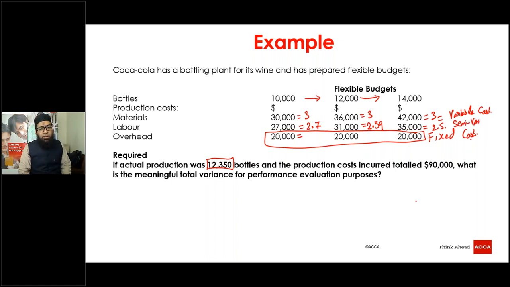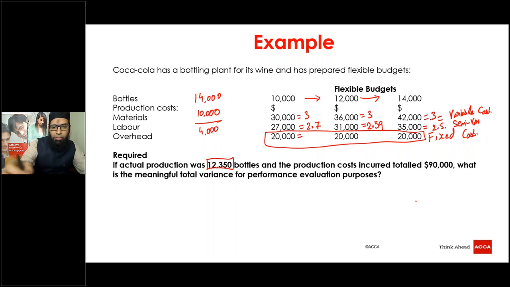For semi-variable, I will be using the high-low method to identify the fixed and variable cost. The highest activity level is 14,000 and the lowest activity is 10,000, so the difference is 4,000.